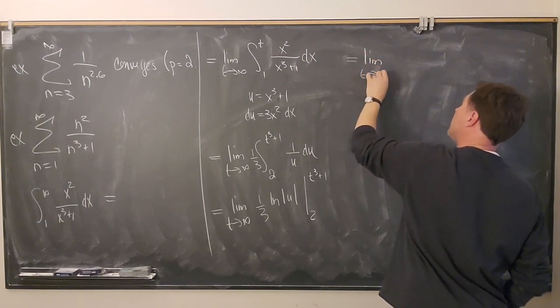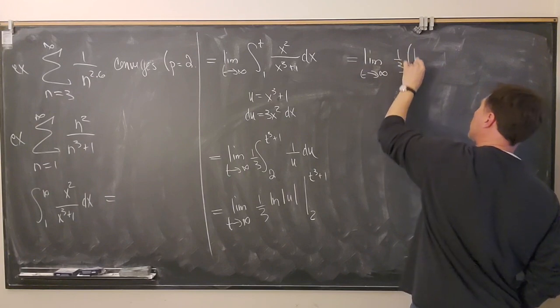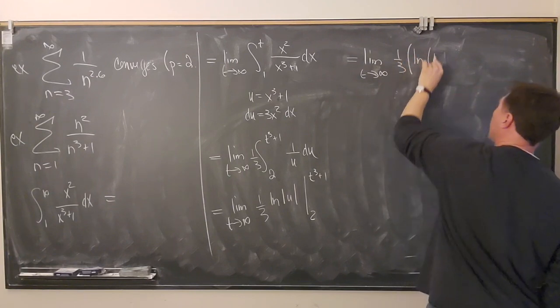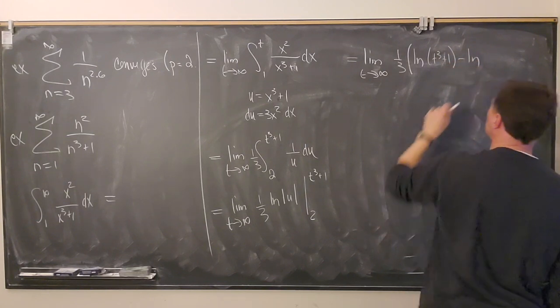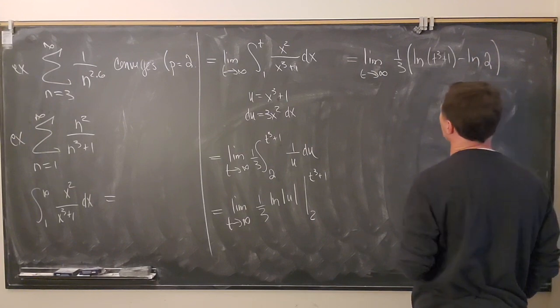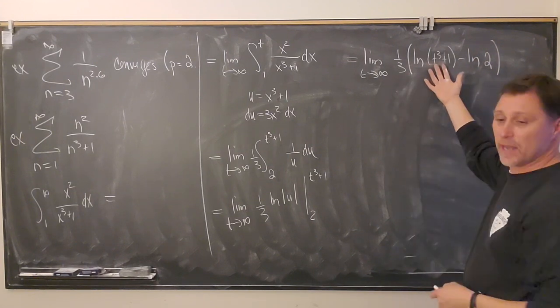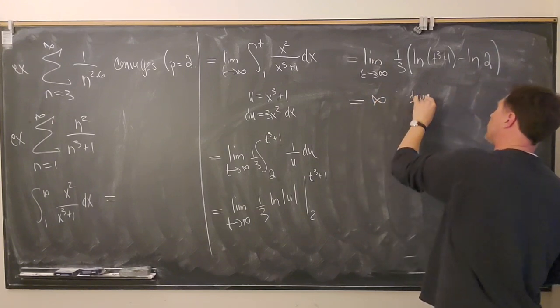Now let's plug in the limits of integration, and so this will be 1/3 times natural log of t cubed plus 1 minus natural log of 2. As t goes to infinity, this part definitely goes to infinity, so this is equal to infinity, so it diverges.